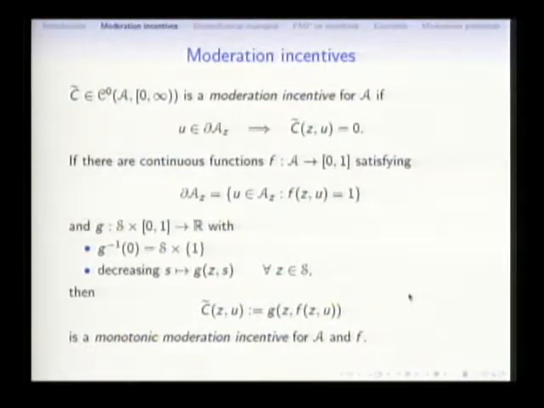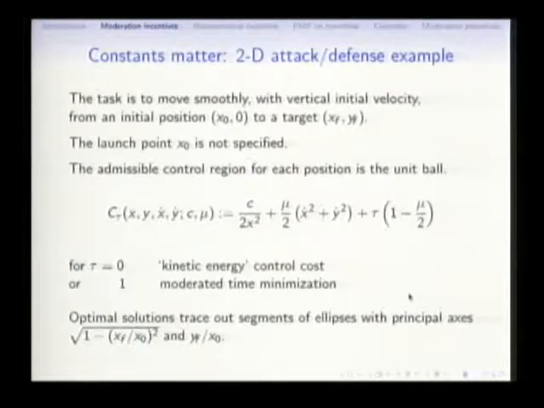And really the only main requirement is I want that function to go to 0 on the boundary of the admissible control region. And those regions will typically be varying in size depending on the state value at the given time. Most of the examples I'm looking at will fall into this monotonic heading, that my control regions are level sets of some function, and I want this incentive to be something that drops off in a way that's consistent with that level set structure.